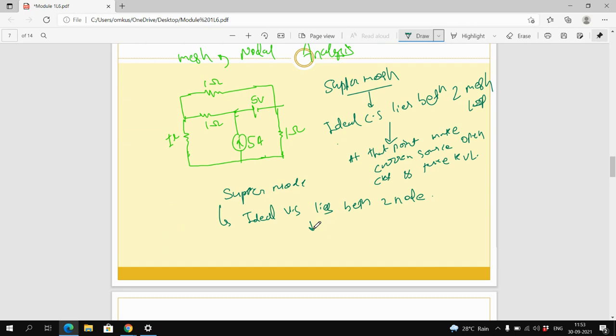At that point you have to short circuit the voltage source and take KCL at that node.